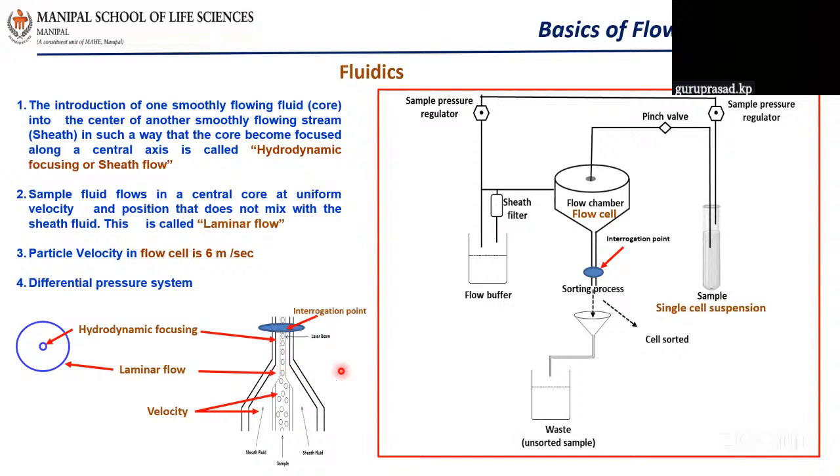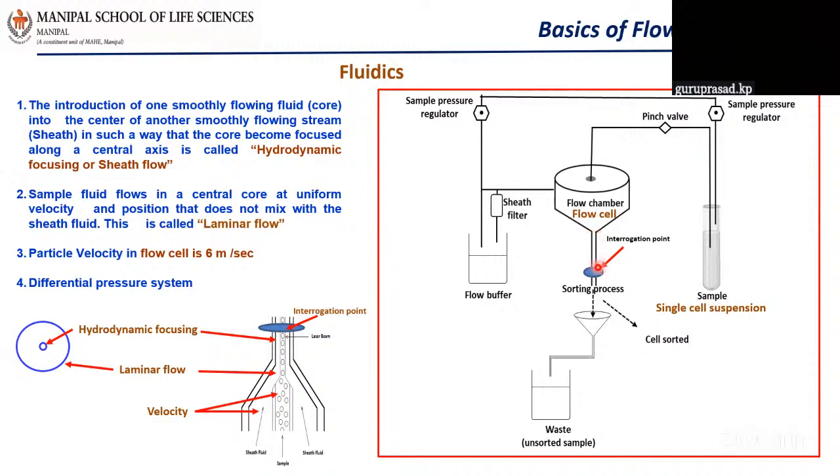This buffer surrounds the central sample so that the central sample moves in a single line. In other words, this mechanism allows the cells to move in a single line. Basically, this fluidic system is meant for making the cells move in a single line in this channel.